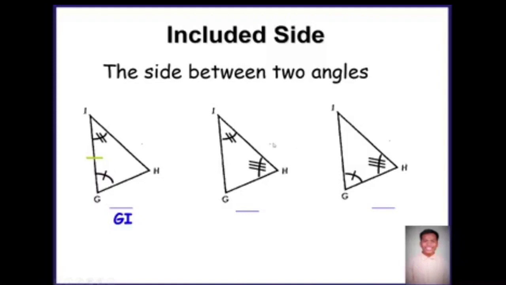In the second figure, we are given angle I and angle H. So the included side there should be side IH or side HI. On our third figure, we are given angle G and angle H. Then our included side here should be side GH or side HG.